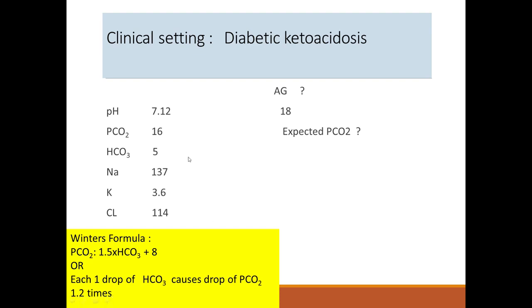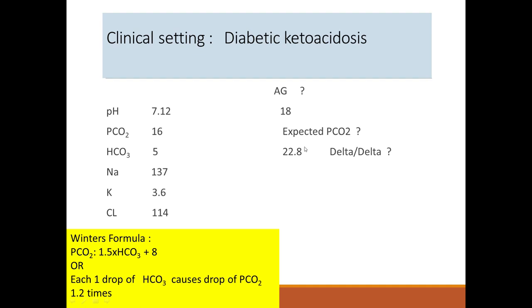In that case, the 19 drop of bicarbonate makes 1.2 into 19, around 22.8, and that would cause the PCO2 to decline from 40 to the level of 17. Plus or minus 2 we give as room, and the patient's PCO2 is 16, which is very near to that 17.